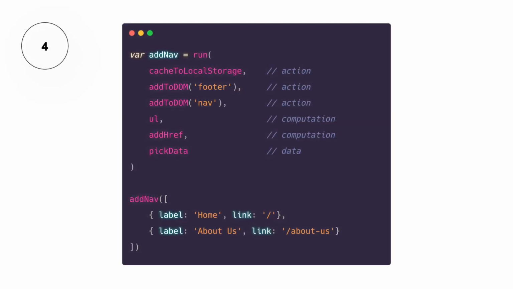For example, in this piece of code, you could see that we are able to cache to the local storage, add to the footer, and add to the header, and we have introduced a new function called add href, which reads your link data from your menu structure and plugs it into the DOM structure.